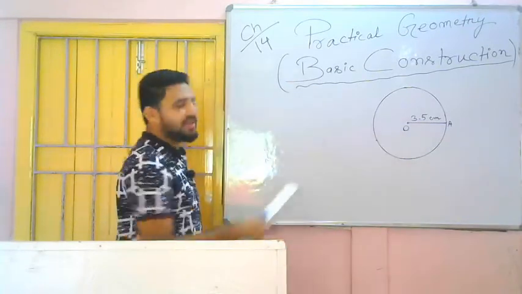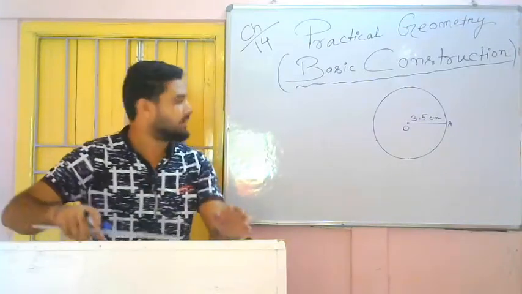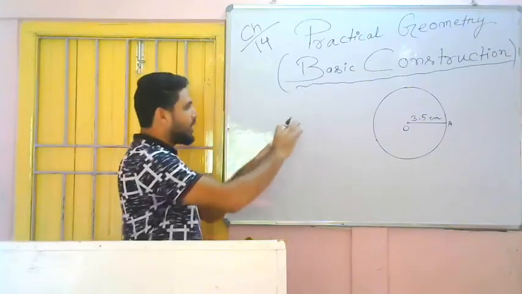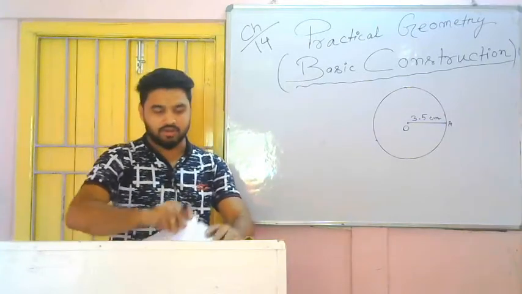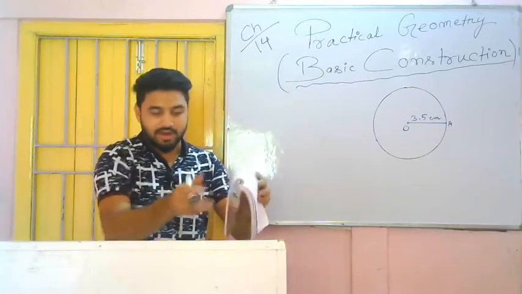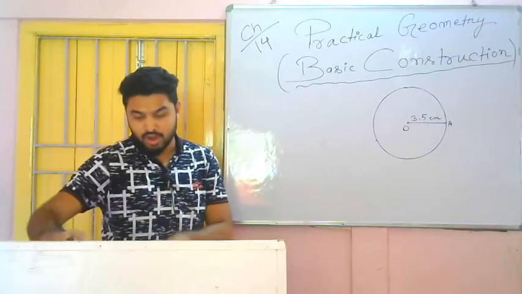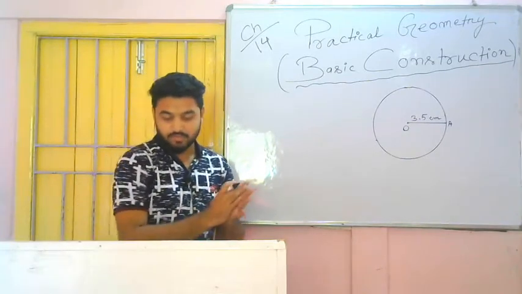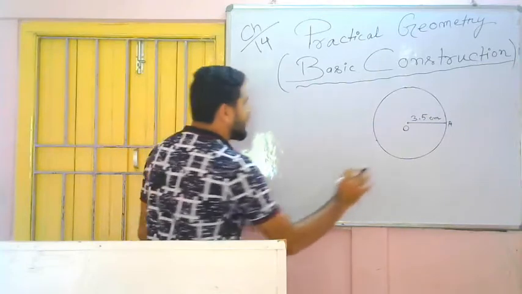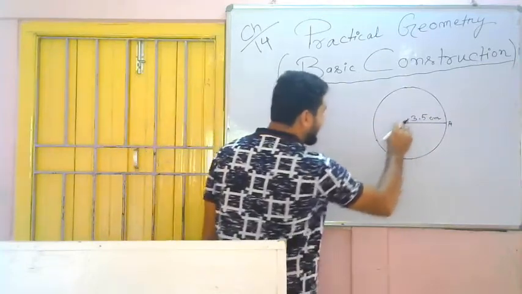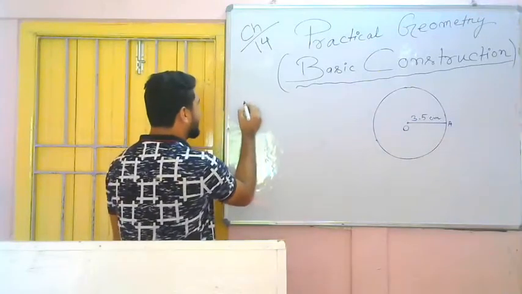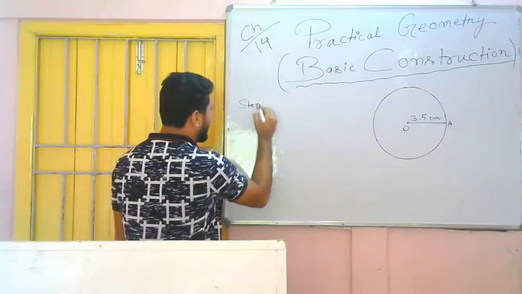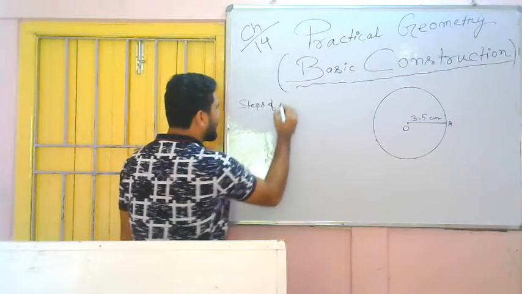Now you write the steps of construction. That means how we have drawn the circle, we will write the steps of construction. First of all we have taken a point. So write here steps of construction.